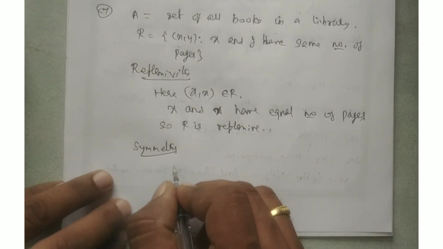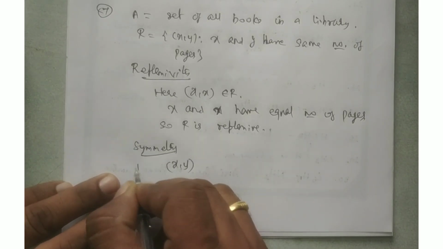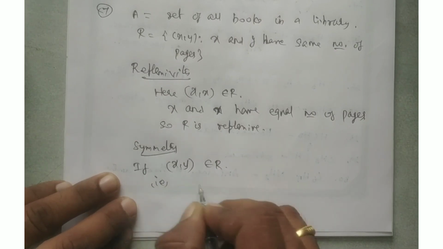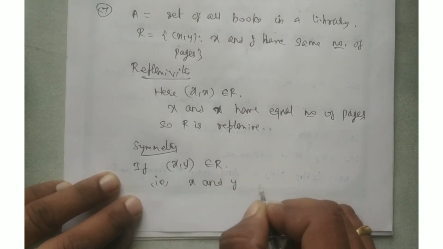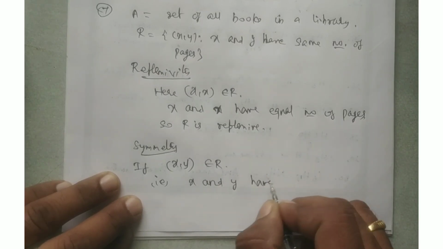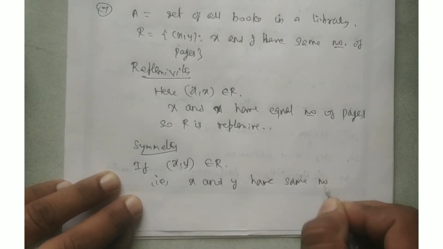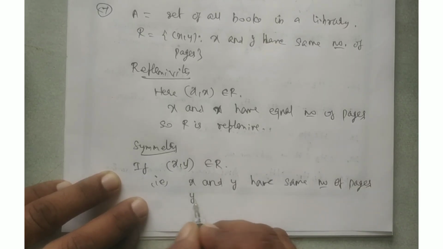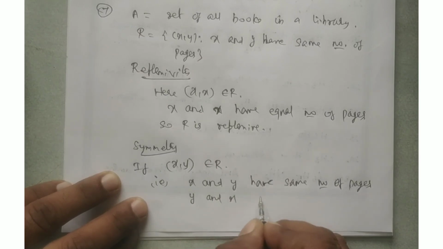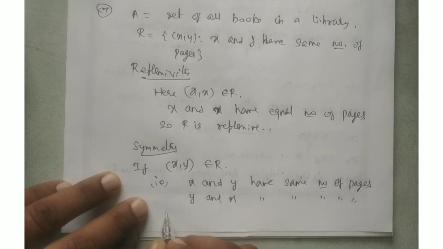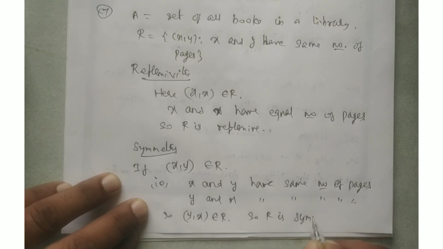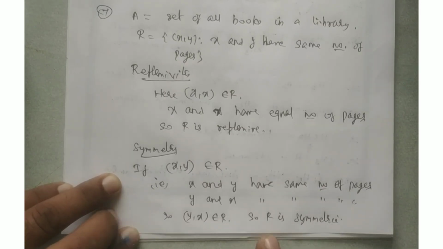If (x, y) belongs to R, that is x and y have the same number of pages, then reversely I can write y and x have the same number of pages. So I can clearly say (y, x) belongs to R. So R is symmetric. Clear? So now reflexivity over, symmetry over.